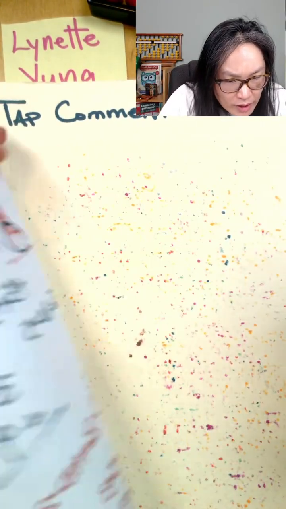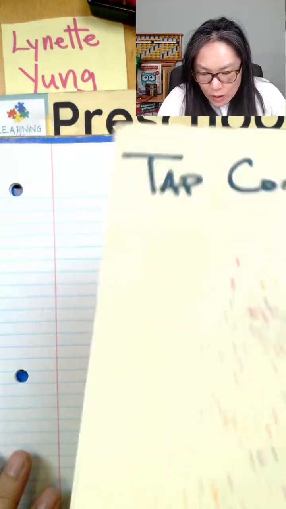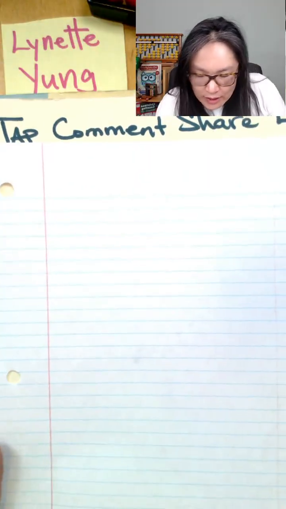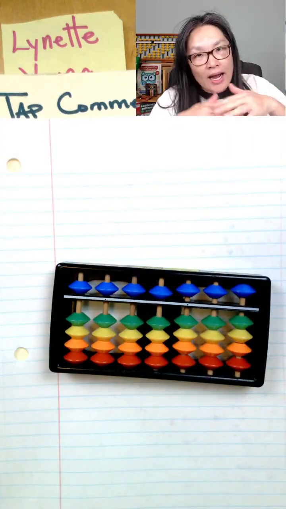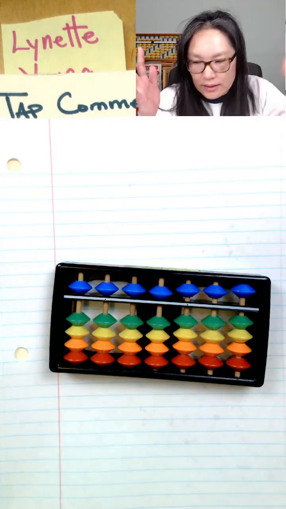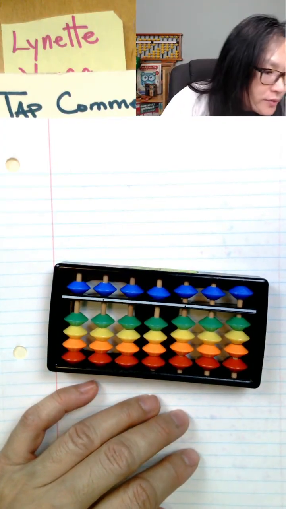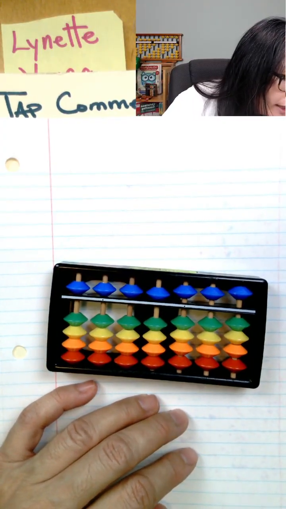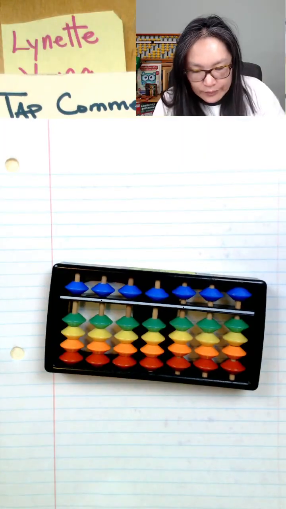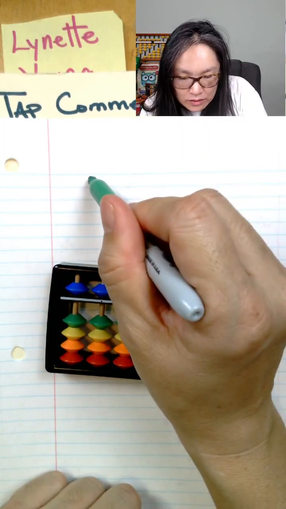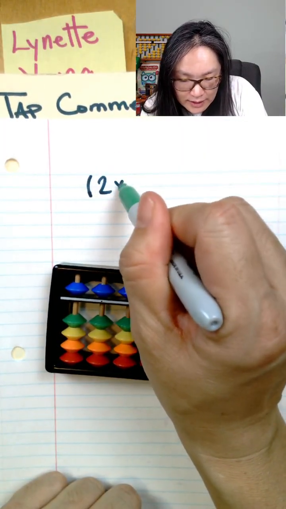So the question is multiply or divide. We can start multiplying. In abacus, we don't memorize anything higher than the tens because it's redundant. So let's do 6 times 12, right? So 12 times 6.